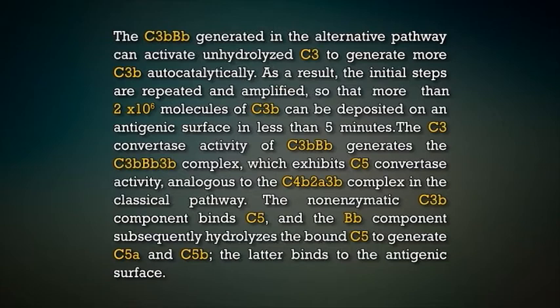The C3 convertase activity of C3bBb generates the C3bBb3b complex, which exhibits C5 convertase activity analogous to the C4b2a3b complex in the classical pathway. The non-enzymatic C3b component binds C5 and the Bb component subsequently hydrolyzes the bound C5 to generate C5a and C5b. The latter binds to the antigenic surface.